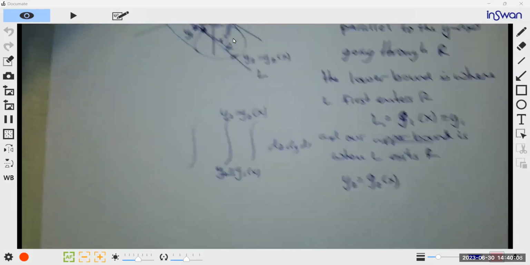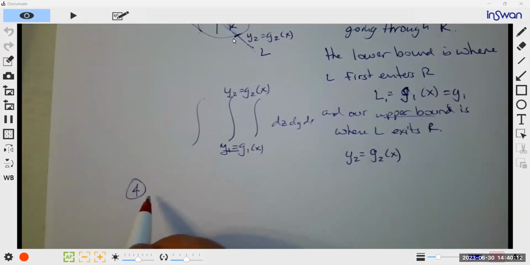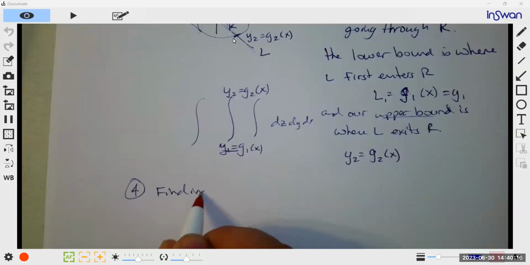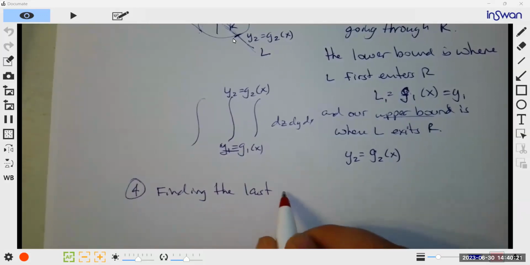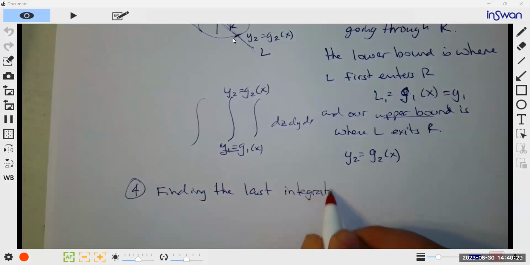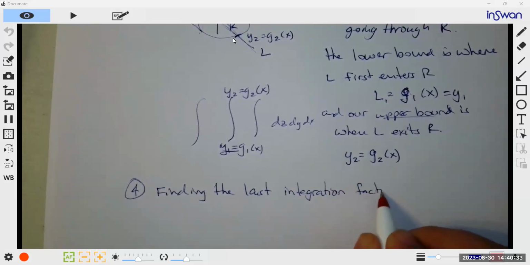Right. Finding the last integration factor.